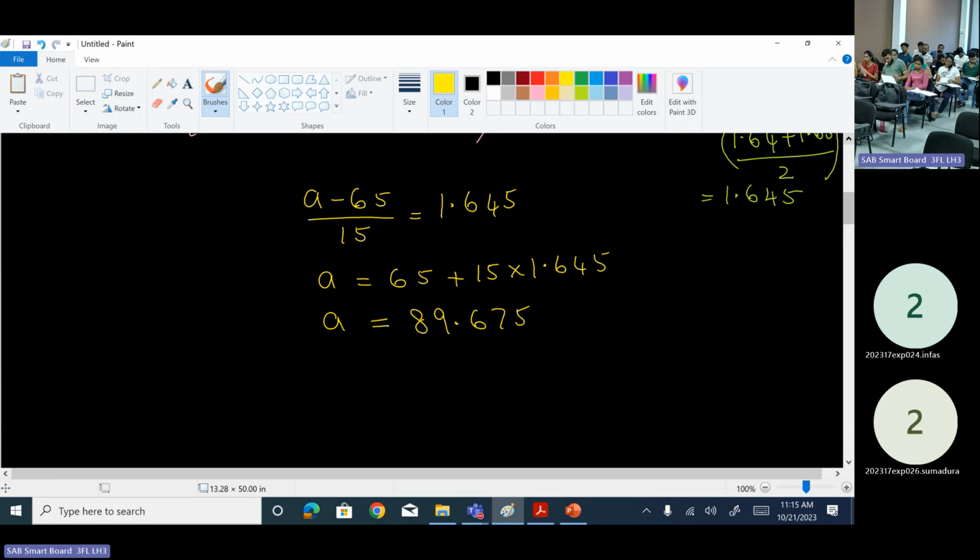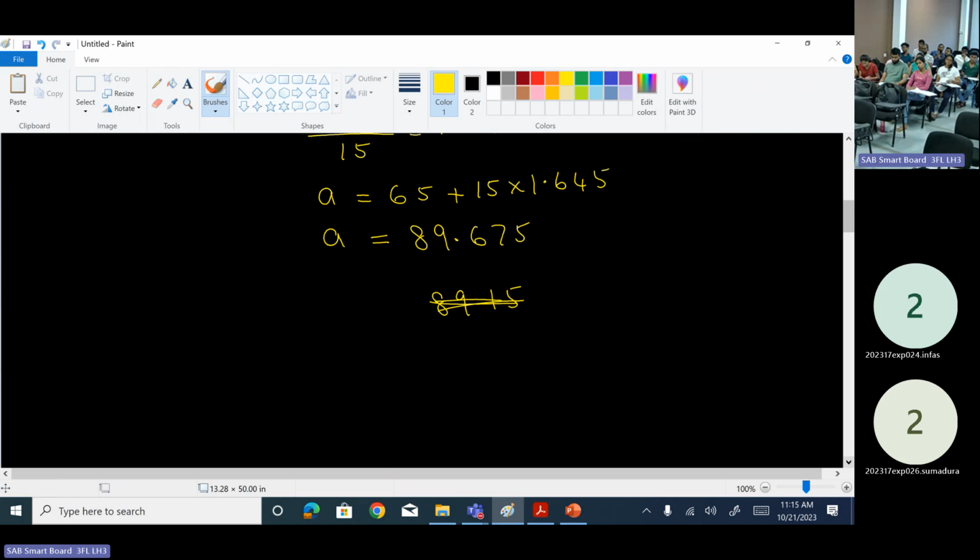Yes, 89.6 rounds to 90, but I'm not talking about rounding. Even if I get the answer as 89.15, still it will be 90. You need a bit more than 89, so 90 is the minimum. So not rounding.